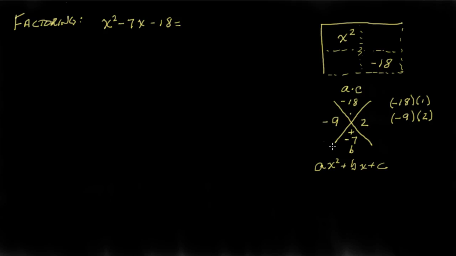So the use of this was really just to find again the negative 9 and the 2, because those are going to be the two quantities, adding an x to each. Negative 9x and 2x are the two quantities that together add up to negative 7x.